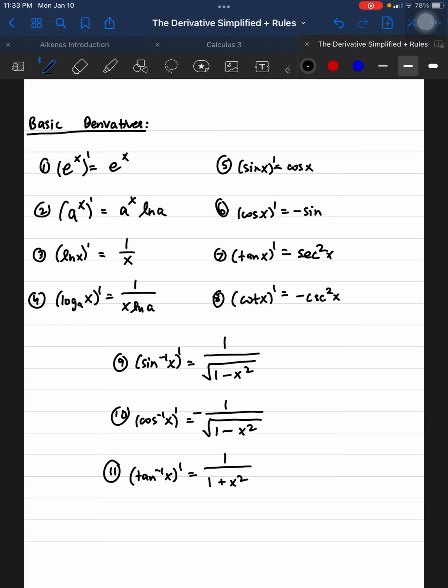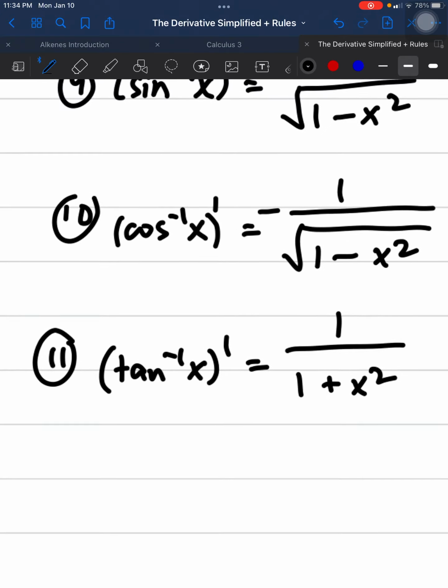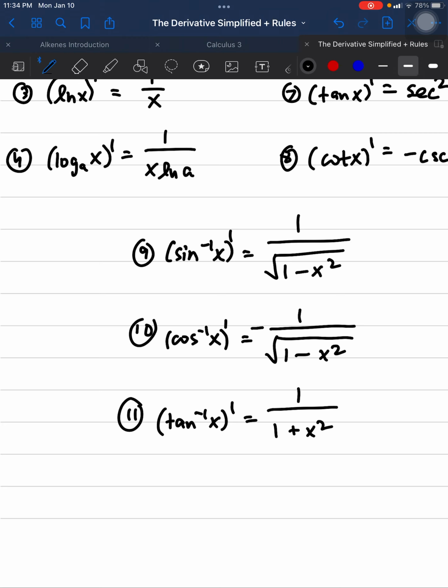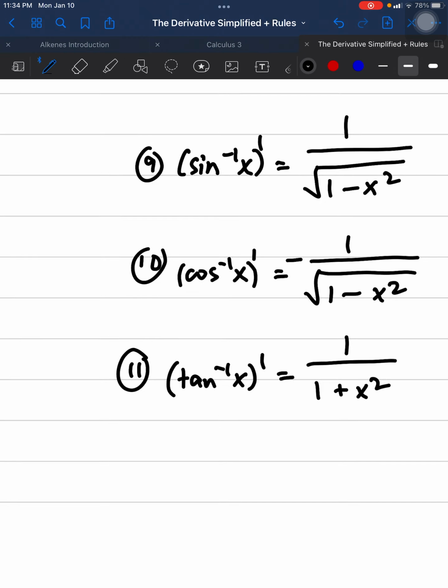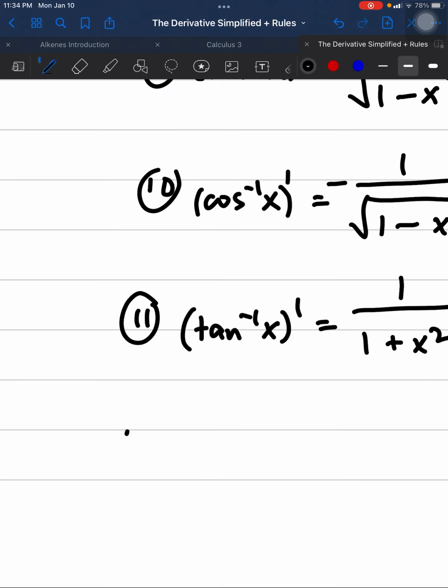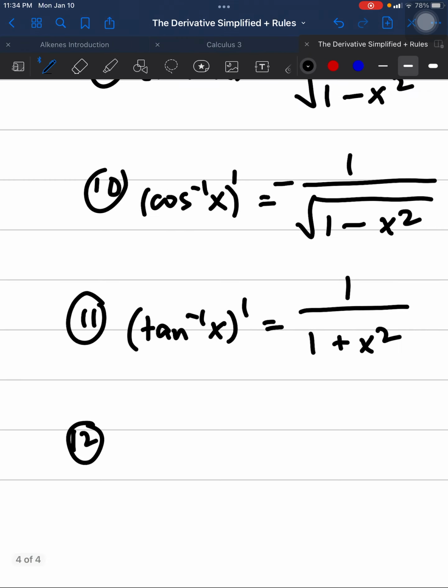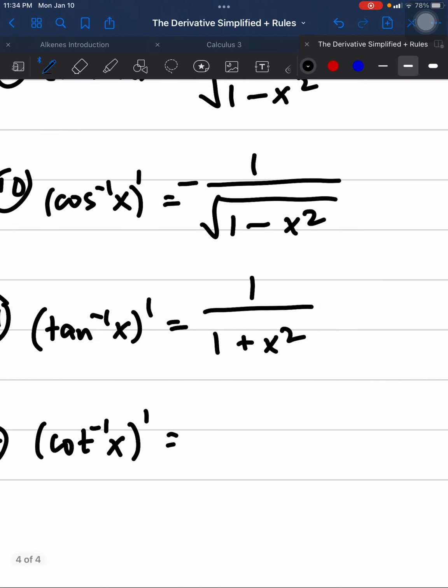And these will basically be the most common. For the inverse cotangent, inverse secant, inverse cosecant functions, you're not going to see them a lot, so I'm not going to list them here, but you should still know them. But inverse of cotangent, you might see a little bit in some integral problems, stuff like that.